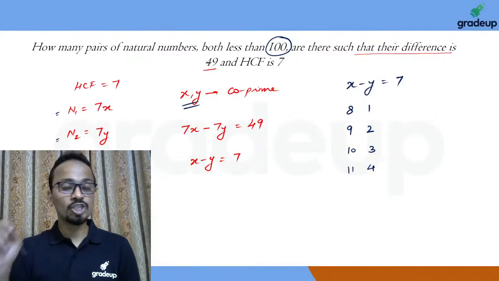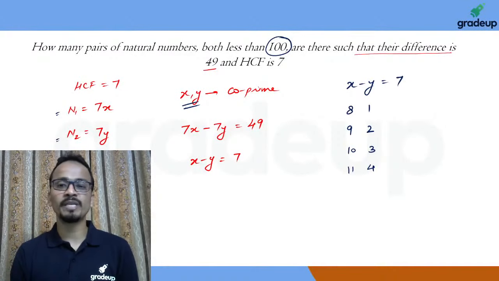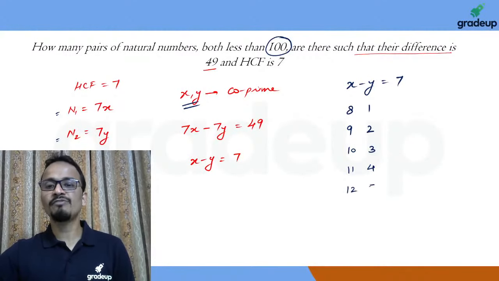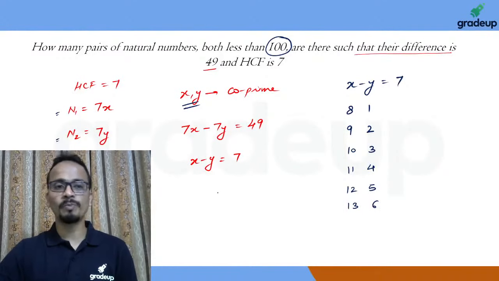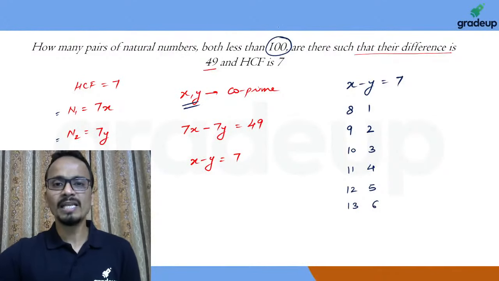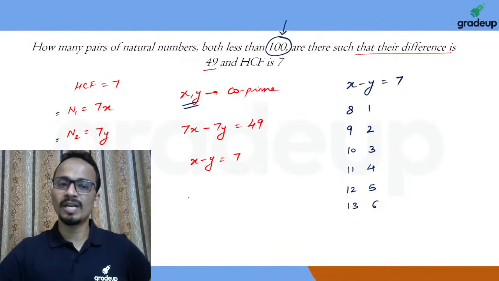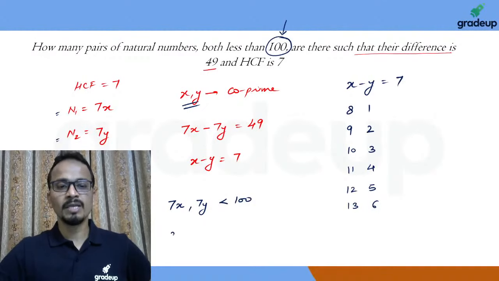Guys, make sure that you are checking if x and y are co-prime with respect to each other at every step. Okay. Now 12 and 5, yes, they are co-prime. 13 and 6, yes, they are co-prime. Now I'll simultaneously check this condition that both the numbers should be less than 100. Now if 7x and 7y both should be less than 100, then what can be the maximum value of x and y?